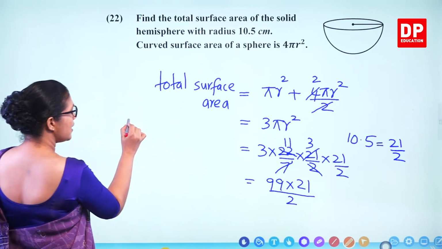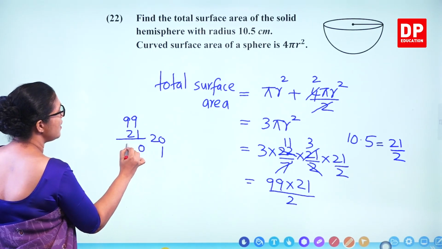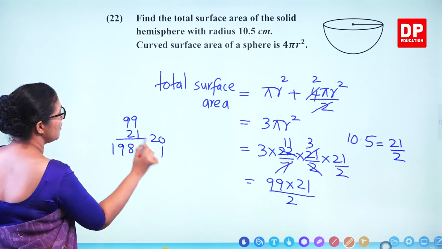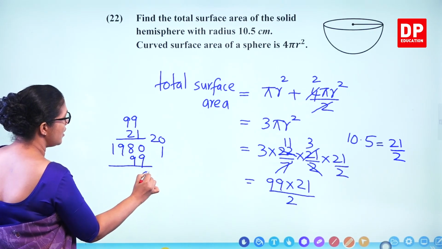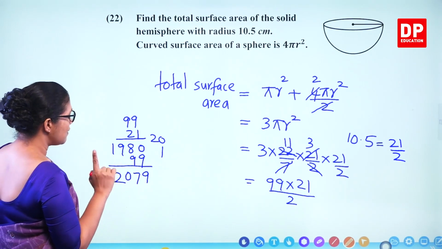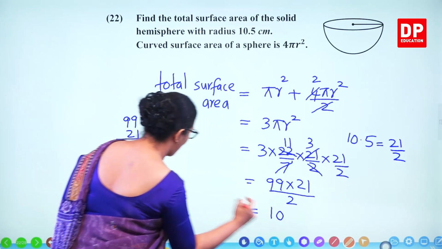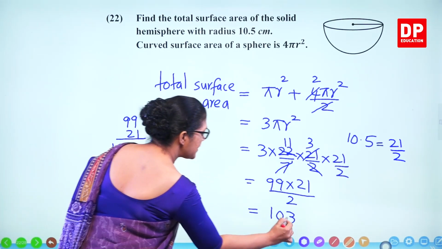First multiply by 21. 20 and 1. Again with 1. You get 2079 and divide by 2. 1, 0. 2 times 3, 6.